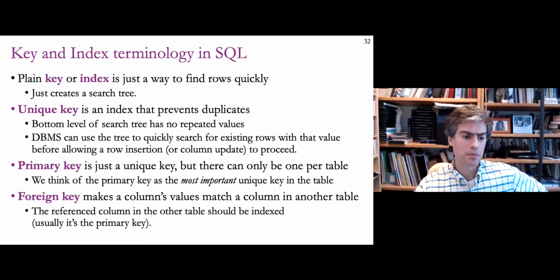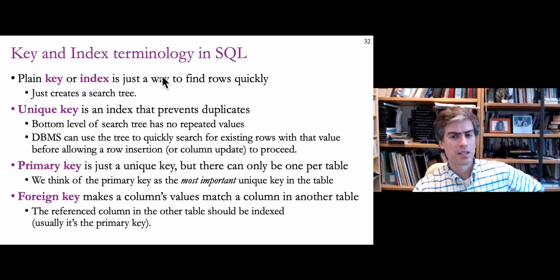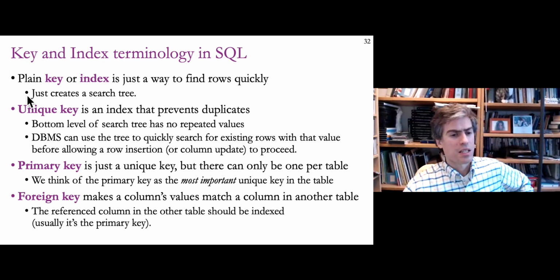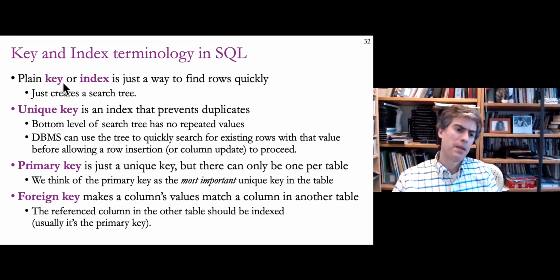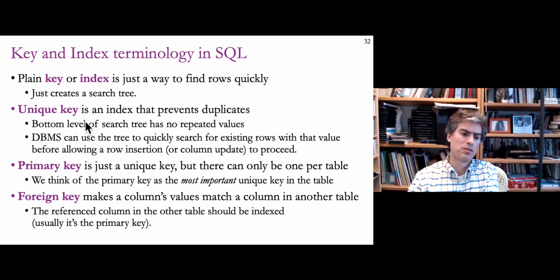Okay. There's a lot of different terminology, which is a little bit confusing, for keys and indexes in SQL. To summarize, the basic idea, keep in mind that the word key and index are kind of interchangeable, or a key is an index. There also are unique keys, which are indexes that don't allow duplicates.